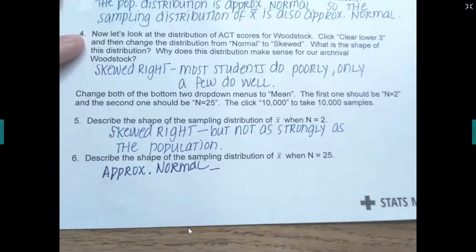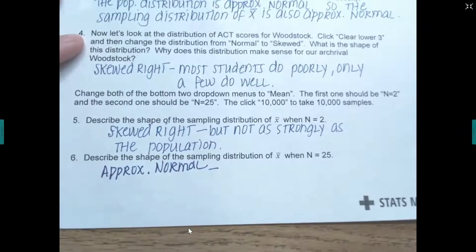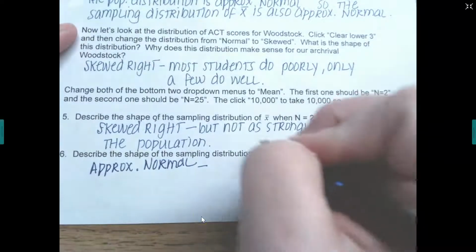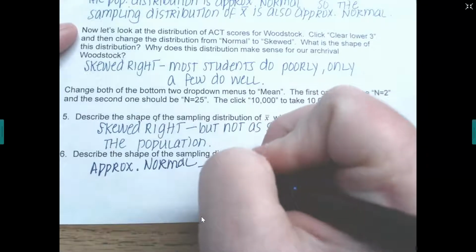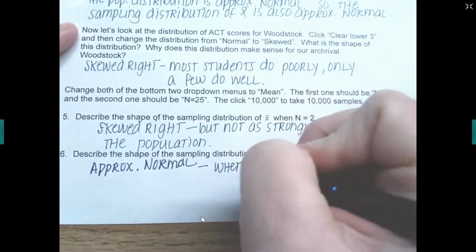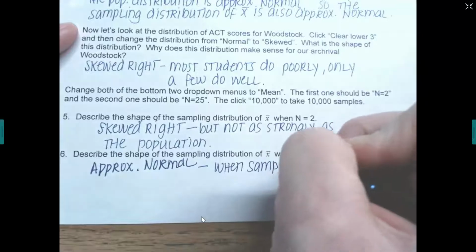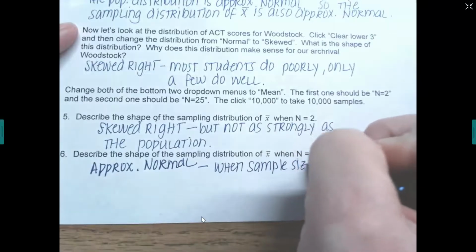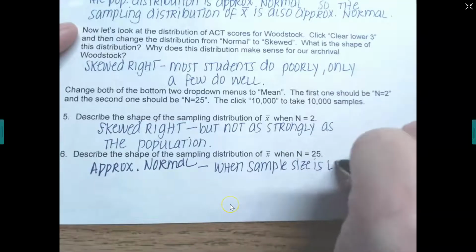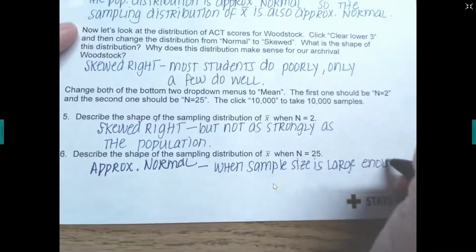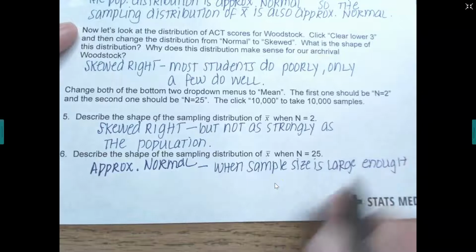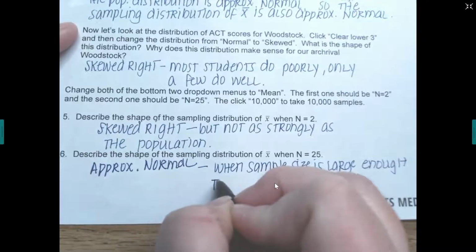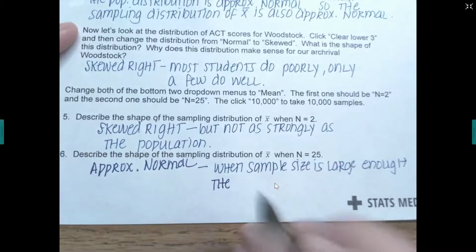And the reason for that is when the sample size is large enough, this sampling distribution is approximately normal.